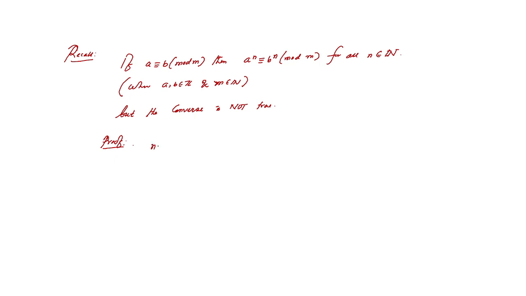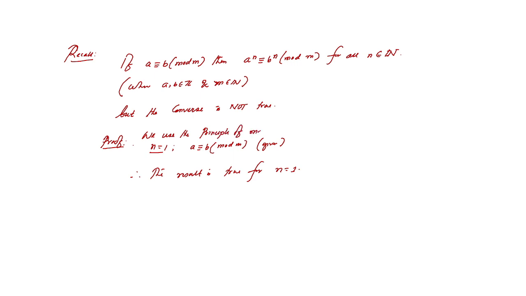For n equals 1, obviously it is given that A is congruent to B mod M. So the result is true for n equals 1. Now we are proving this result using the principle of mathematical induction.